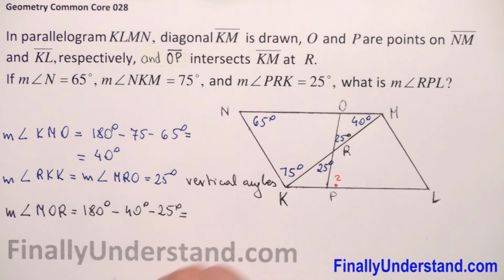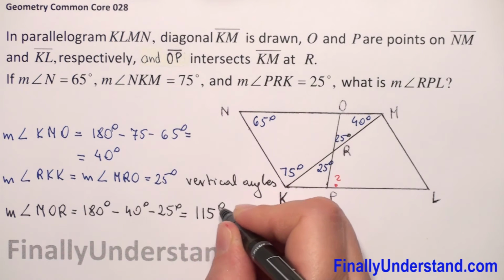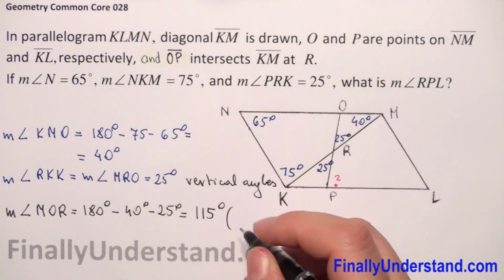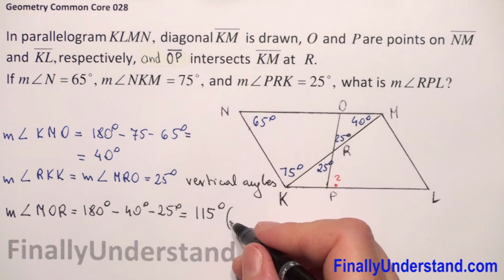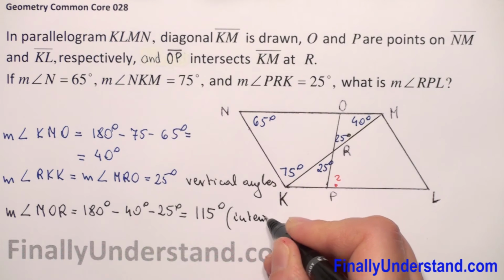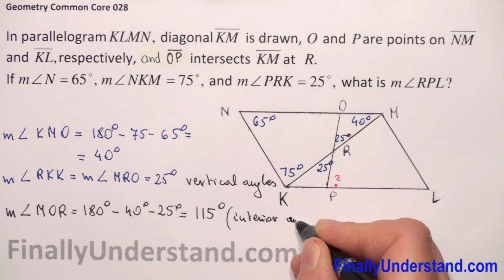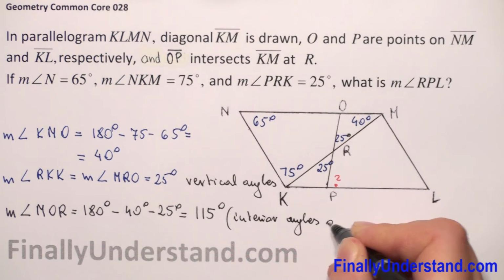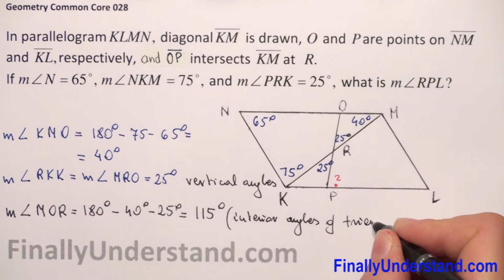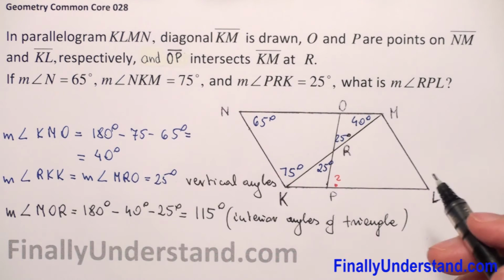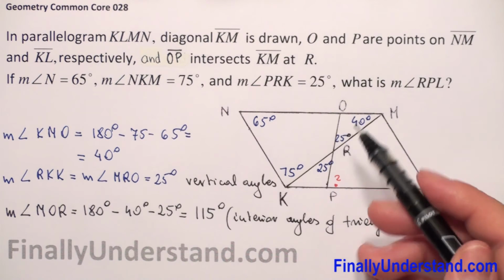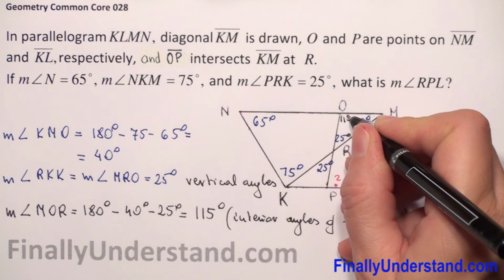So this is equal to 115 degrees because of the interior angles of a triangle. So we got this angle, this is 115 degrees.